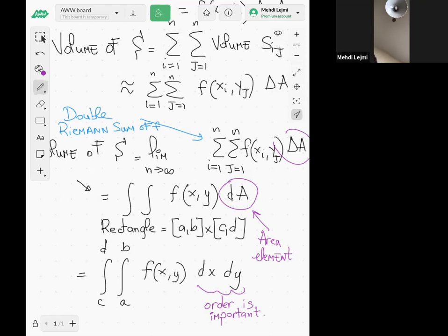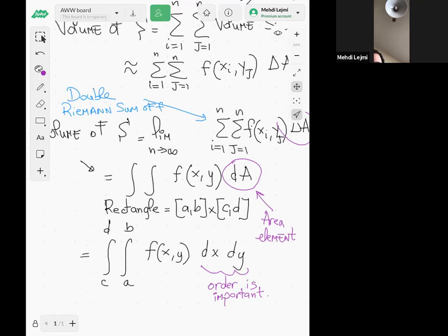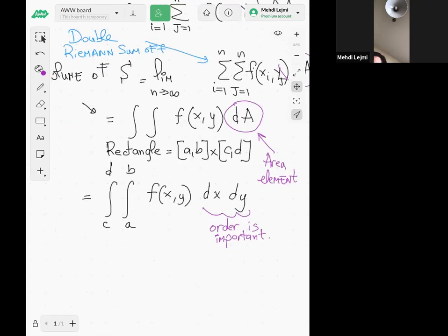In some textbooks or literature, and we're going to see this later in chapter 8, this dx dy can be written, just a remark, as dx wedge dy.